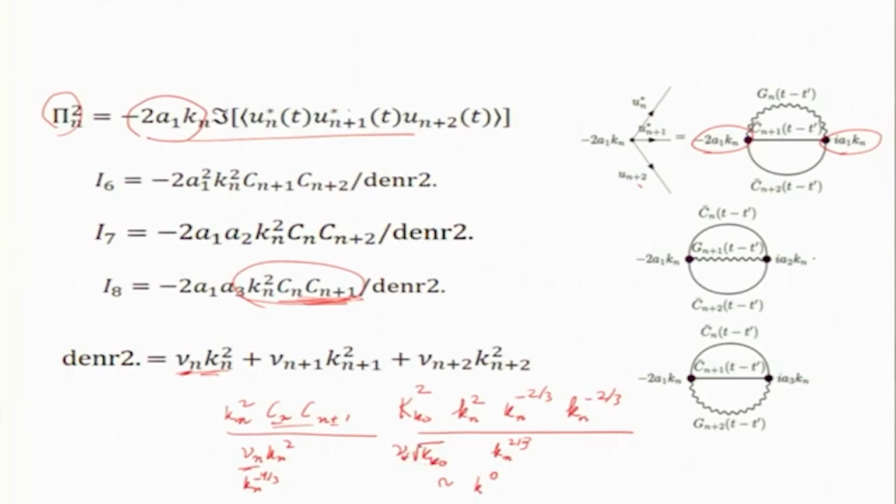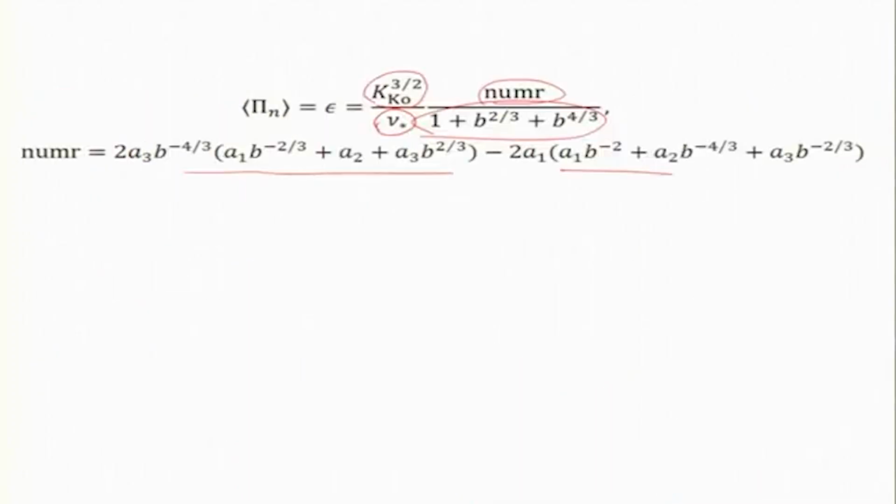There is a prefactor, if you recall, I said this square root k Kolmogorov was used to cancel things for Rg, but it will sit there. So, overall what is the factor for Kolmogorov? K Kolmogorov 3/2 by nu star. So, this is a prefactor for the flux. So, that is what you get, k Kolmogorov 3/2 by nu star. Okay. So, flux is constant.